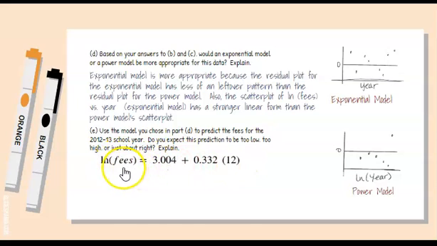So this is what it looks like. I can put 12 in for the year. Now I'm going to calculate all this, and I get 6.988. Then, remember, the base of a natural log is e, so to get the fees out of the logarithm, I do e to the 6.988 power, and that gives me the fees. So that's 1,083.55.